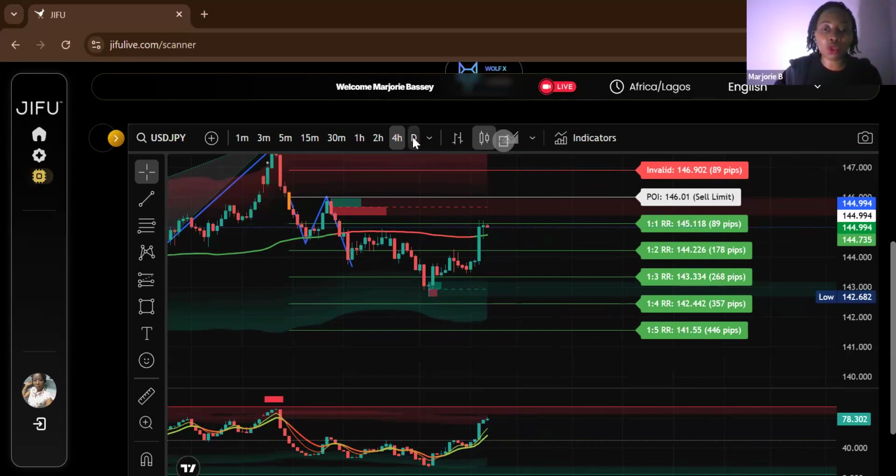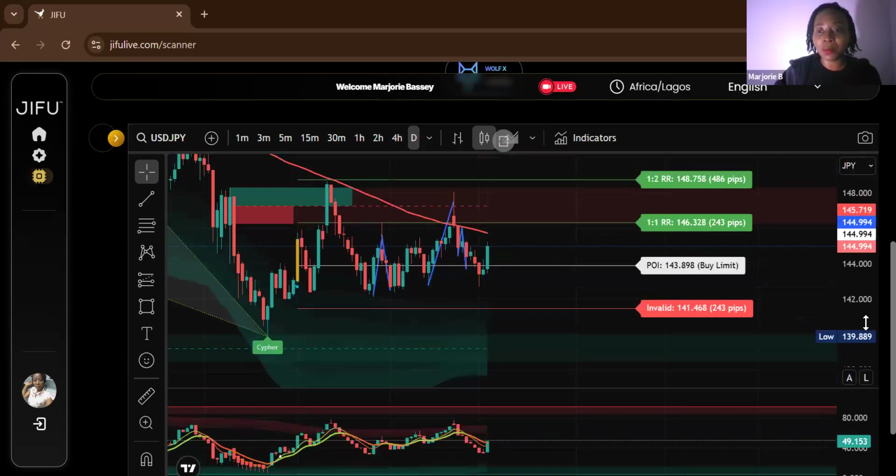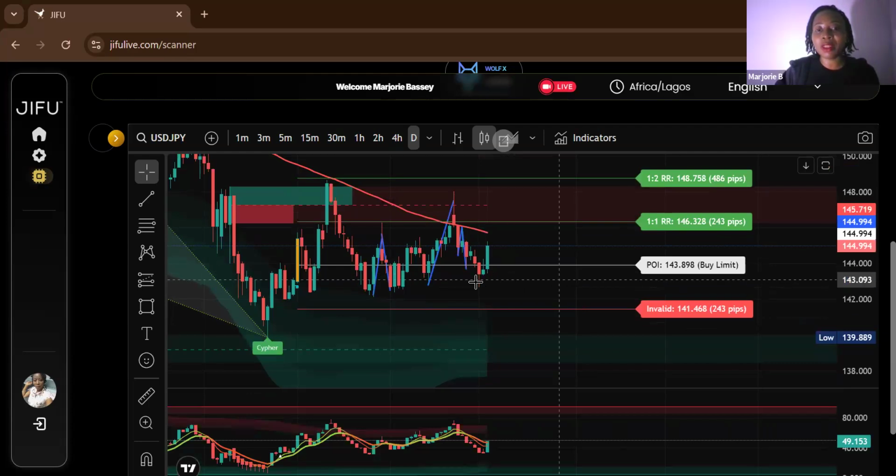When you come to the daily, that 141.55 will not even reach the invalidation for this daily time frame, which is still a few pips below. So it will come and clear up these orders again, and then it will continue.